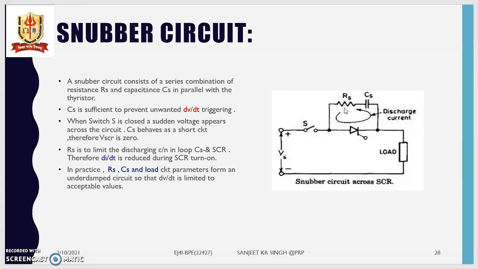There is a series resistor RS in the path of the discharging current, so that it limits the discharging current and therefore protects the SCR from the di by dt by reducing that di by dt to a safer value. So in practice, RS, CS and the load circuit parameters form an underdamped circuit, so that dV by dt is limited to acceptable values.